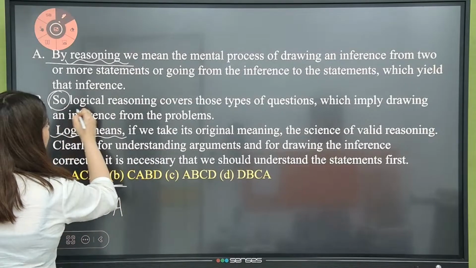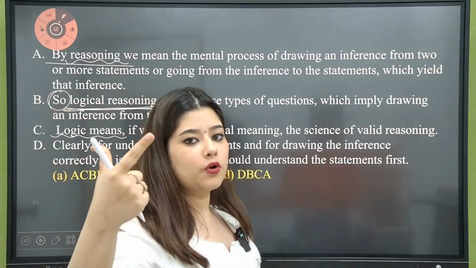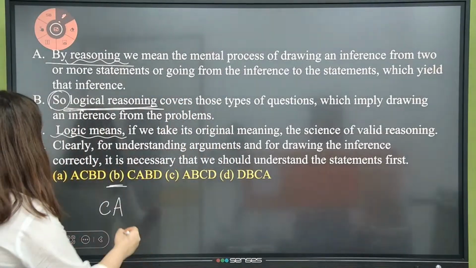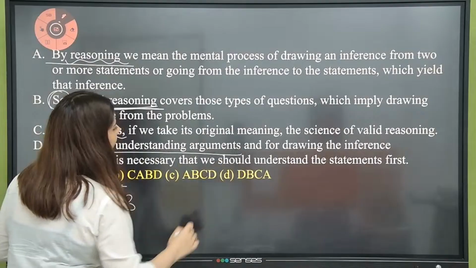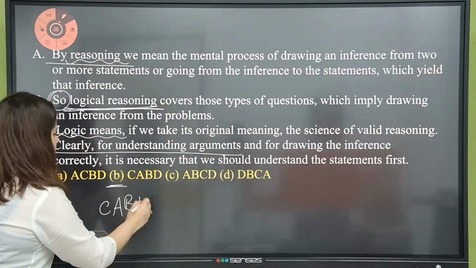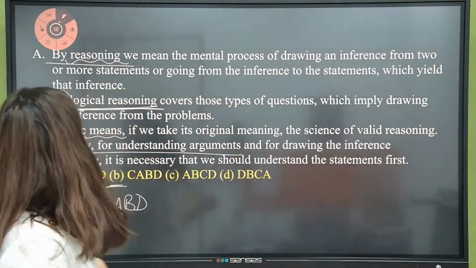So now logical reasoning. We talked about logic, we talked about reasoning. Now we are talking about logical reasoning. So obviously D, and then clearly for understanding arguments and drawing the inference, this would be our concluding statement. So C, A, B, and D would be the correct sequence.